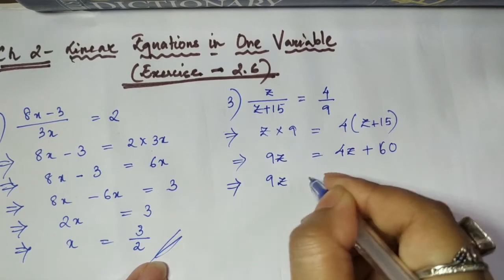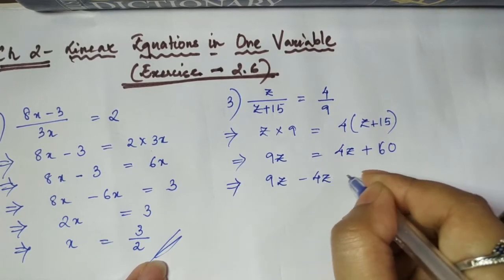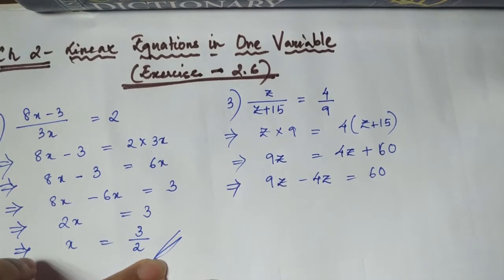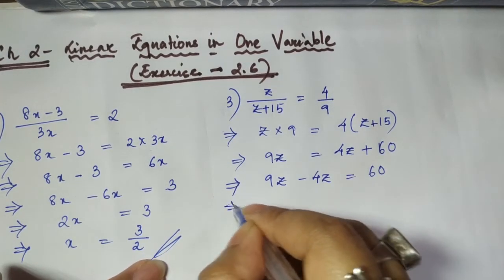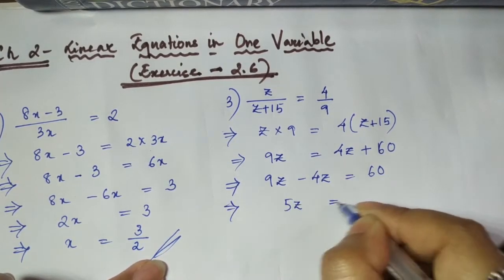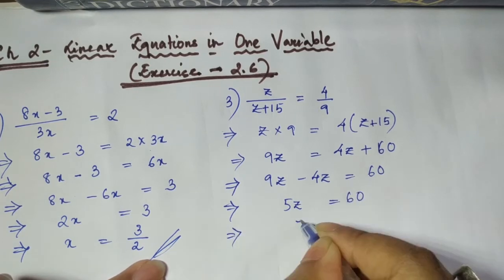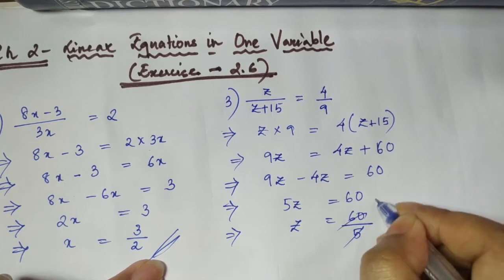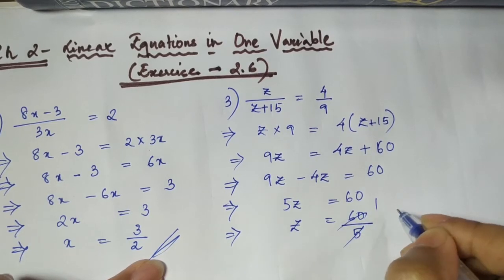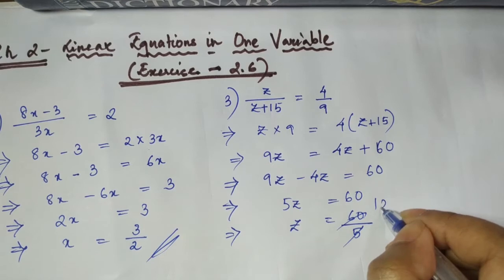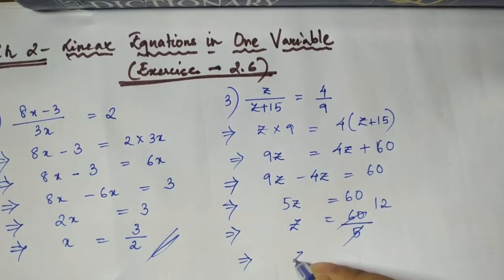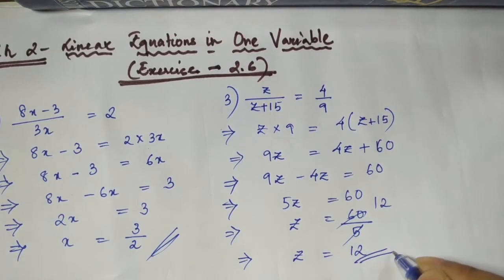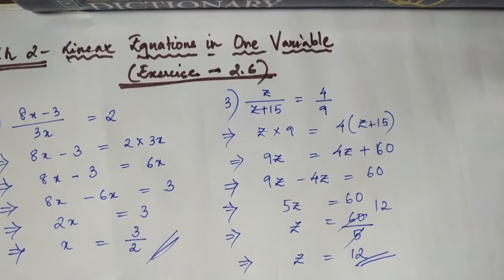So the variable is transferred to the same side and the constant to the other. When you subtract you get 5z equal to 60, z equal to 60 divided by 5. You can cancel it: 5 ones are 5, 5 twos are 10, so z is equal to 12, and here you get the solution.